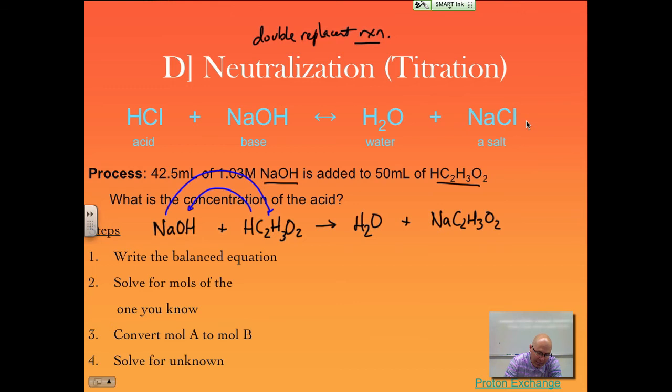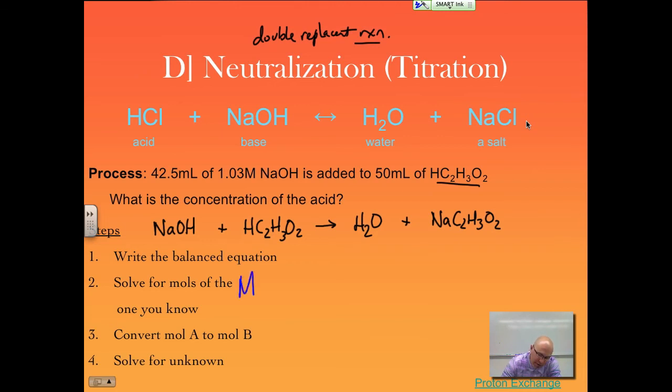Hopefully we see why, because the Na is a plus, OH is a minus, H is a plus, C2H3O2 is a minus, and so we get our double replacement. Okay, I'm going to erase this mess real quick. And this is balanced already. All right, so there's my balanced equation.